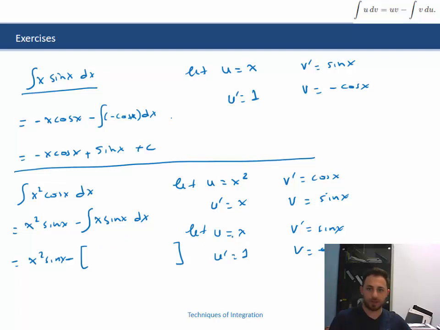It is uv minus u prime v. Okay, x squared sine x plus x cosine x, minus minus becomes plus, minus the integral of cosine is sine, plus c.